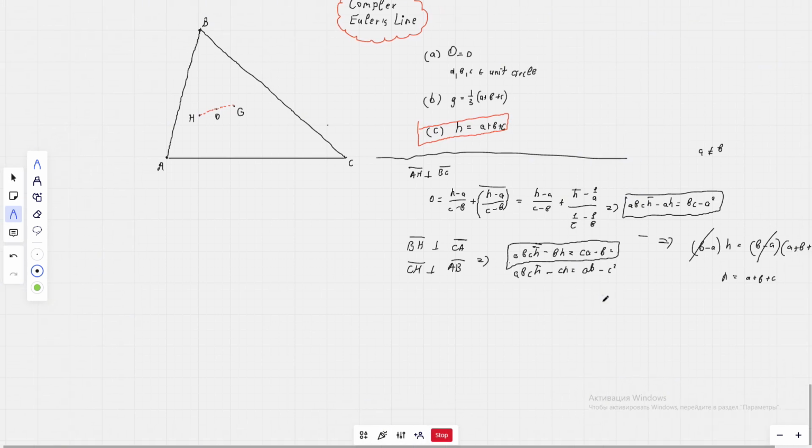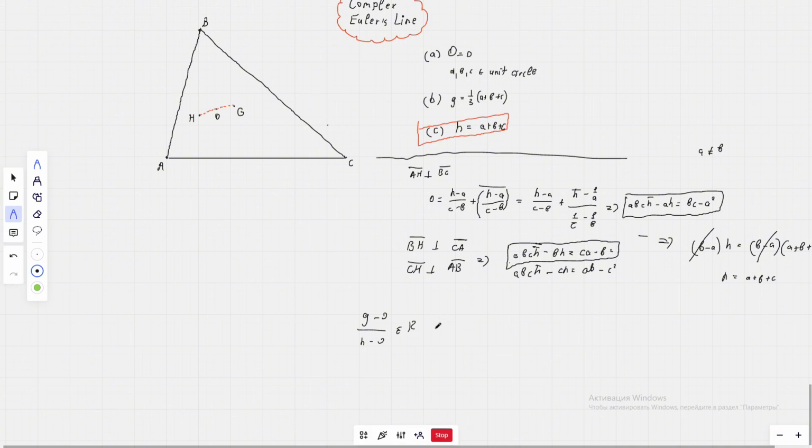Well, by the second lemma, it is enough for us to show that (G minus O) over (H minus O) is rational. So if this takes place, then we have that these 3 points are collinear.